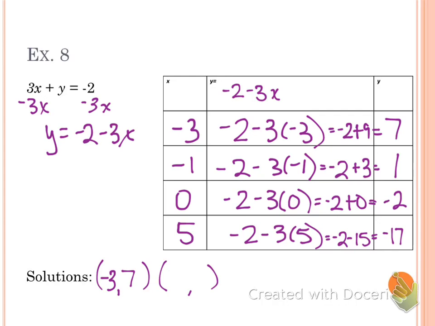Danielle, do you want to give us another one? Negative 1, 1. Keon, what's another? 0, negative 2. And my last one, Delaney again. 5 and then negative 17. 5, negative 17.